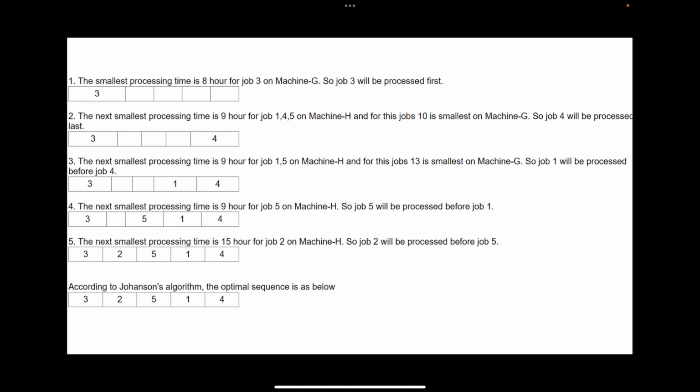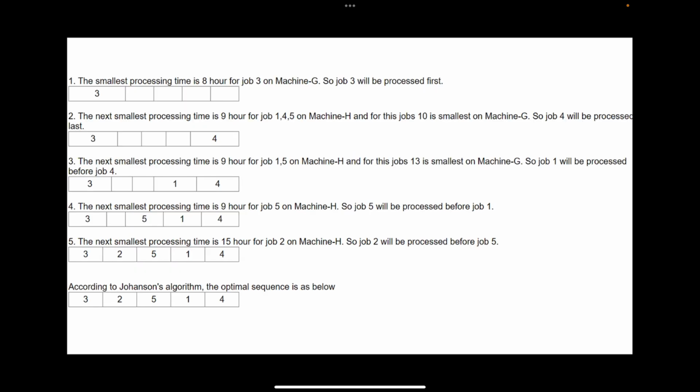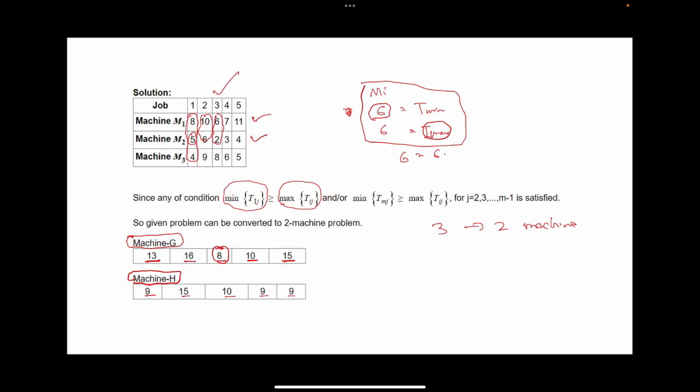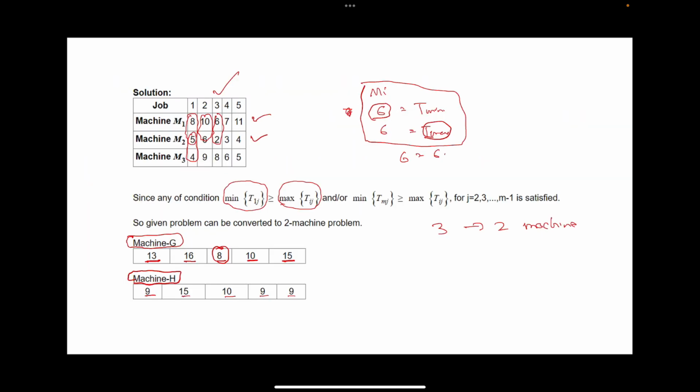According to Johnson's rule for two machines, we look at the smallest processing time. The smallest time is 8, for the first machine G. So we will sequence that job, that is job 3, corresponding to 8. Then the next smallest processing time is 9.